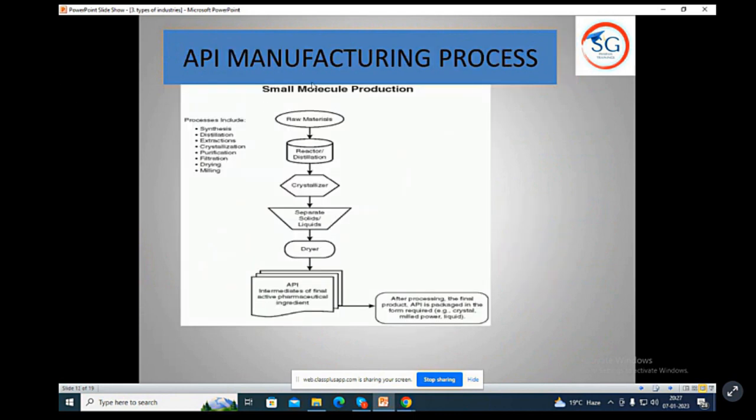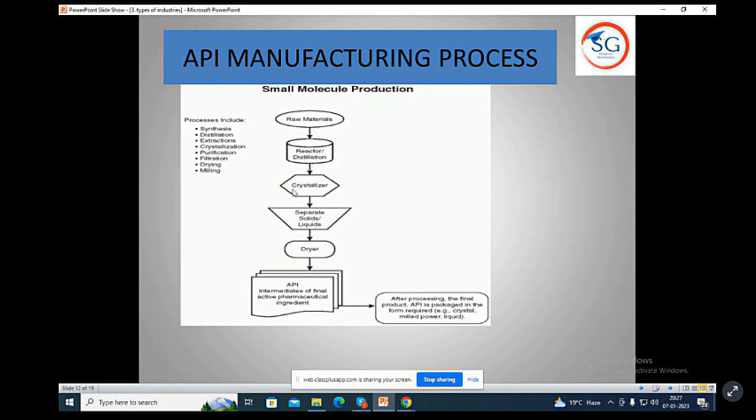First is the API manufacturing process. The various processes included are synthesis, distillation, extraction, crystallization, purification, filtration, drying, and milling. These are the various processes that are used during the manufacturing of APIs. See how it will be done. First, raw materials will be taken. They will be kept in a reactor or distillation and provided sufficient temperature to allow the reactions to occur.